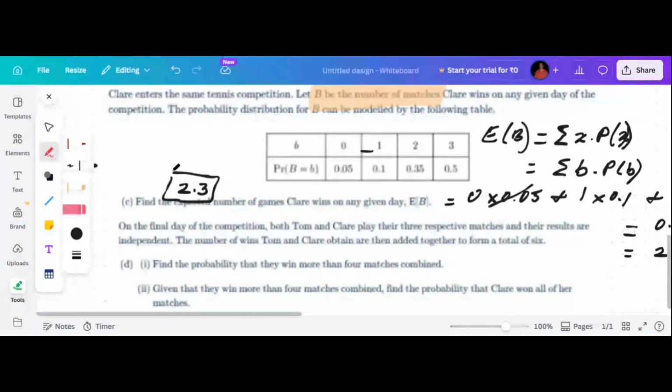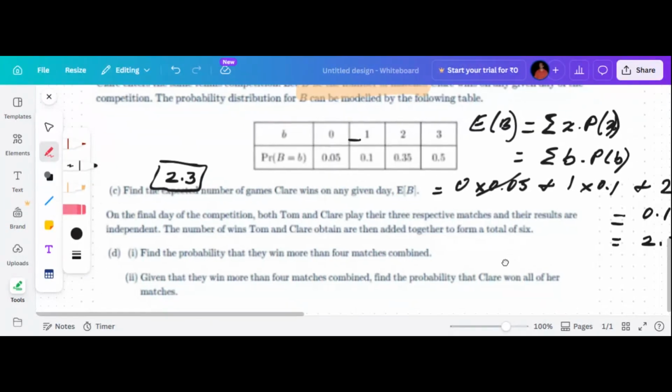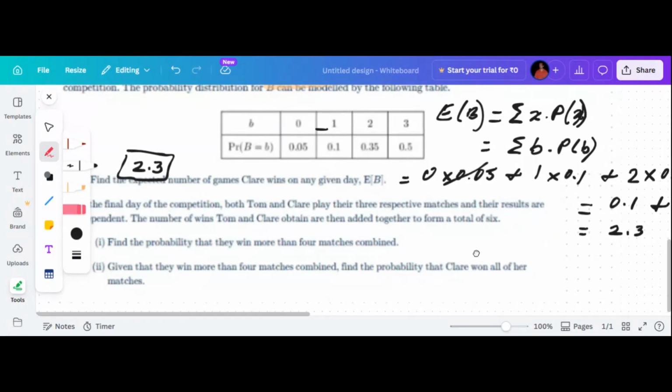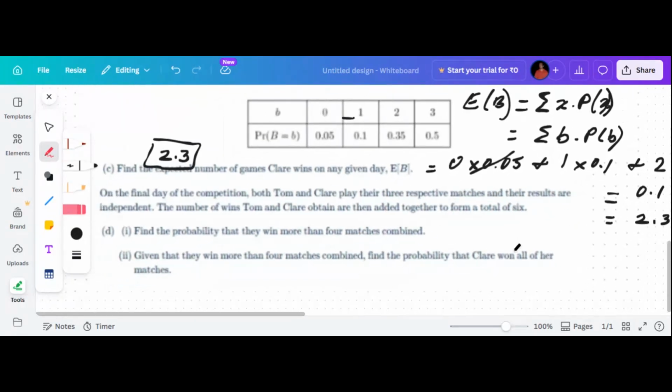Okay. On the final day of the competition, Tom and Clara play their three matches. Tom's values were given in the previous question. Tom is playing three matches, Clara is playing three matches, and the matches are independent. Whether Tom wins or loses does not depend on whether Clara wins or loses, and vice versa. The number of wins Tom and Clara obtain are added to form a total of six.